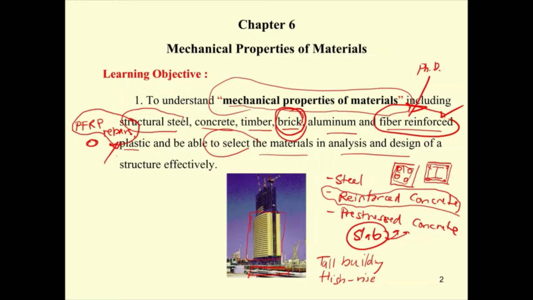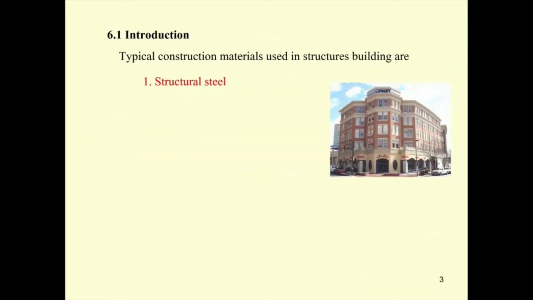It is very good in areas such as the seashore or a water treatment plant, in which the environment is very harsh for steel. This is an example of how you are going to use this knowledge of mechanical properties of materials in our civil engineering applications. Okay, let us review the typical construction materials that we are using.